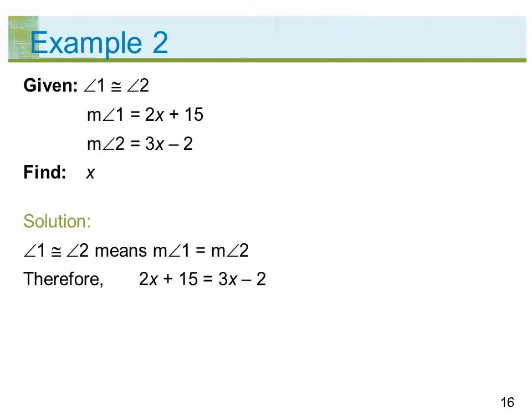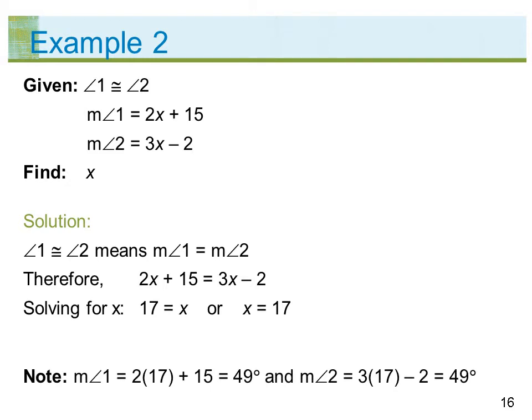Therefore, 2x plus 15 equals 3x minus 2. Solving for x, 17 equals x, or x equals 17. Note, the measure of angle 1 equals 2 times 17 plus 15 equals 49 degrees, and the measure of angle 2 equals 3 times 17 minus 2, which equals 49 degrees.